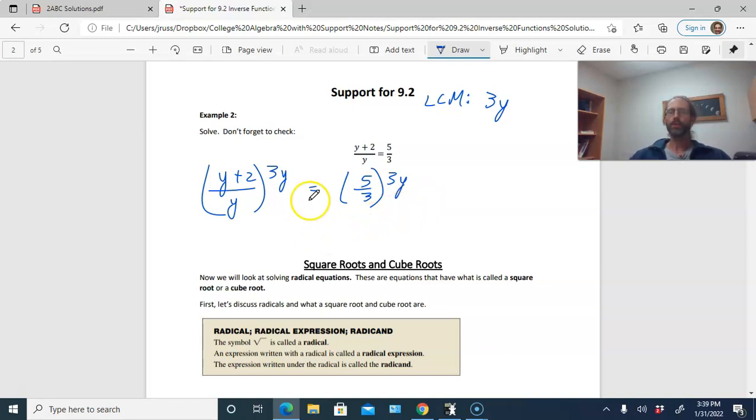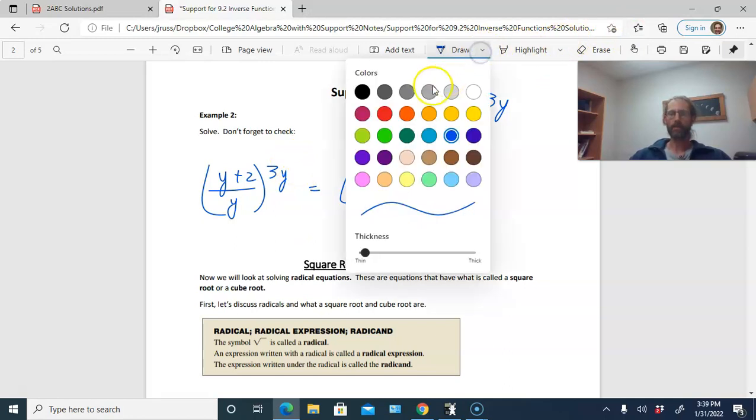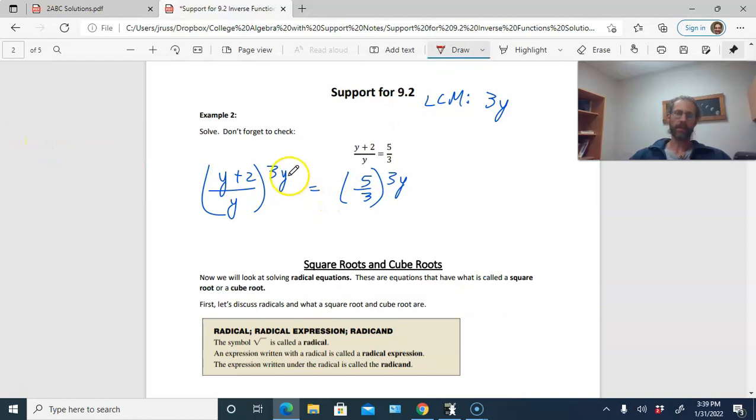And again, we should see some stuff divide out. That's what eliminates these fractions. In this case, it's this y in the numerator divided by this y in the denominator that we can divide out. And so again, what we're left with is this 3 times this y plus 2. To multiply those, we have to use the distributive property again.